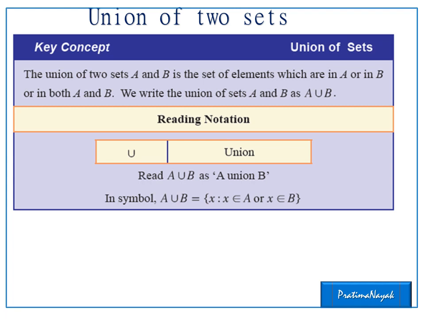Capital U represent union. We read as A union B. A union B is the set of all elements x such that x belongs to A or x belongs to B.